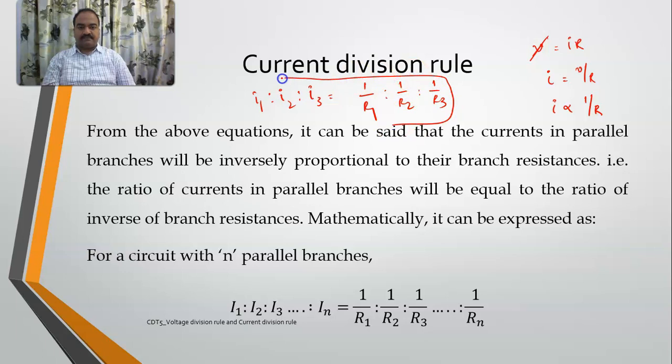This is the current division rule. The currents in parallel branches will be inversely proportional to the branch resistances, which means that the ratio of currents in the parallel branches is equal to the ratio of the inverse values of the resistances. Understood? So, I hope that now you have understood what I am trying to say.